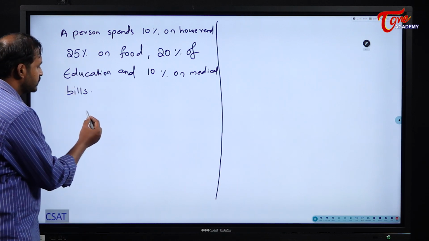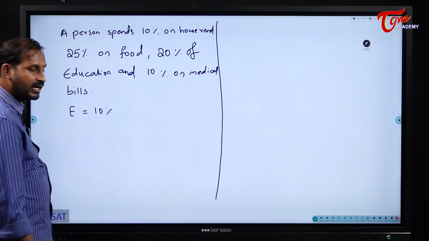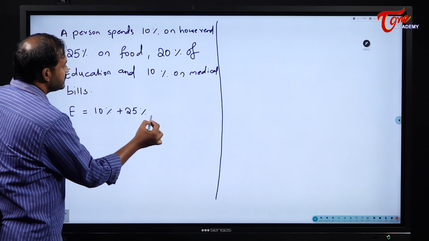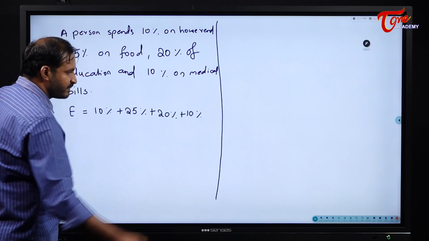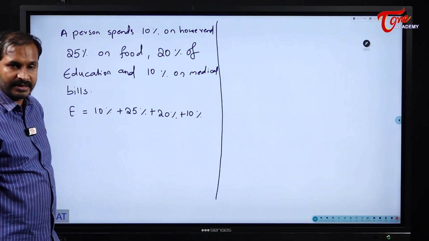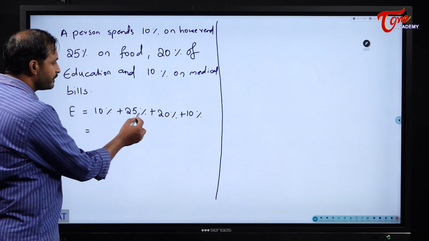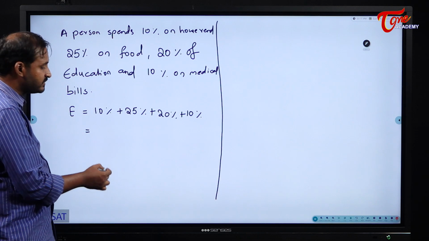Now see here, I am trying to write his expenditure: 10% plus 25% plus 20% plus 10%. This is his expenditure. Directly, 10 plus 25 becomes 35. 35 plus 20 becomes 55. 55 plus 10 becomes 65.